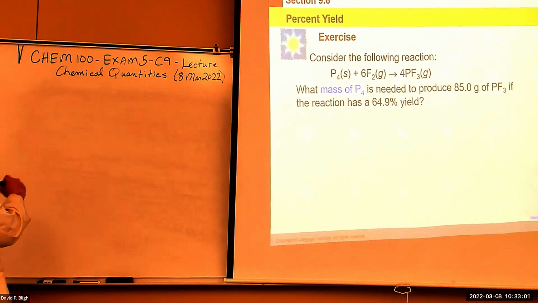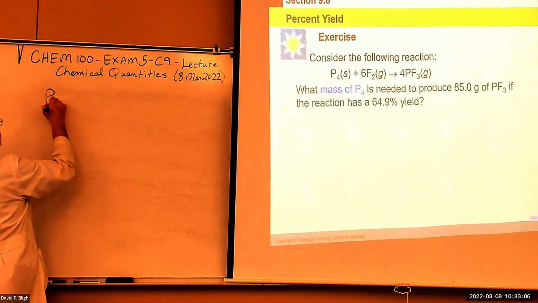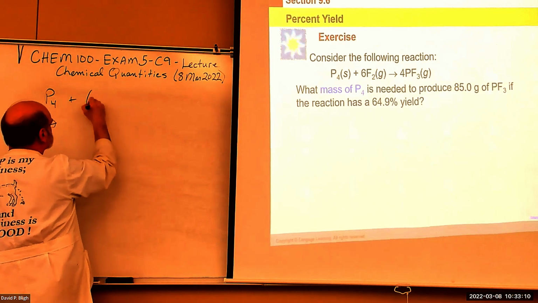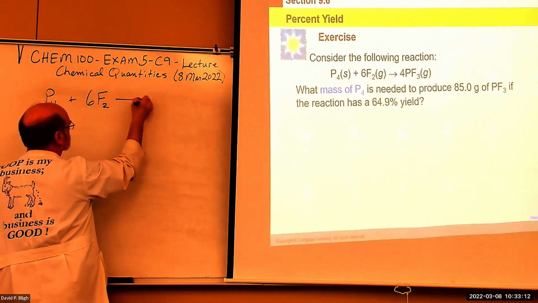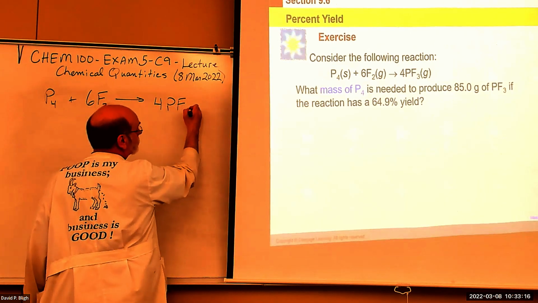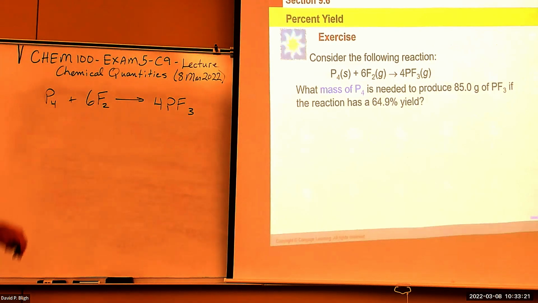Okay, so here we have P4. I'm going to leave out the phases here. And 6 fluorine yields 4 PF3.